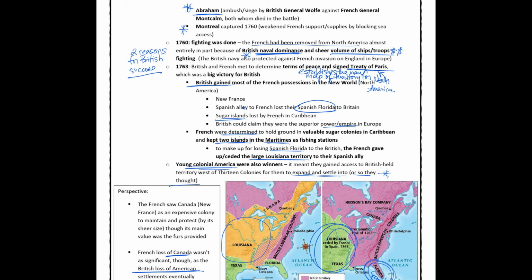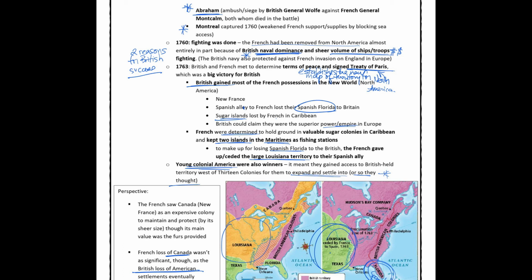So in 1763, after 3 years there, they signed the Treaty of Paris. And this establishes a new map. The new map of territory for North America.